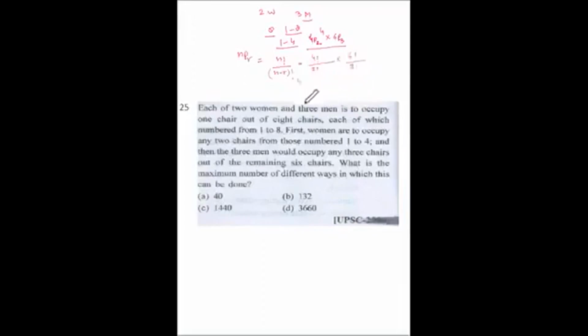So this comes 4 into 3, and this is 6 into 5 into 4, and factorial 3 will cancel out. So 12 and 120, 120 into 12, so 1440, these number of ways. So answer is C.